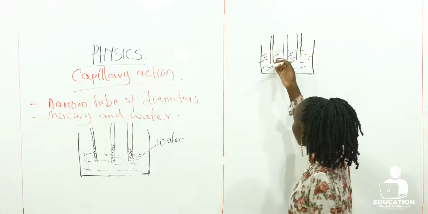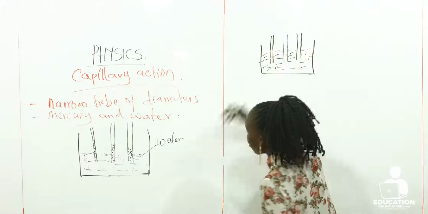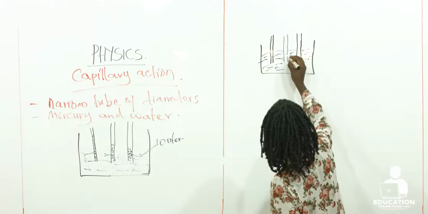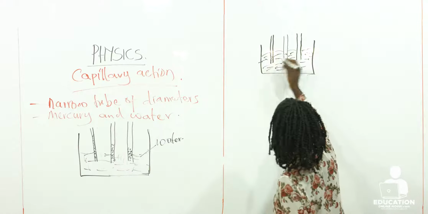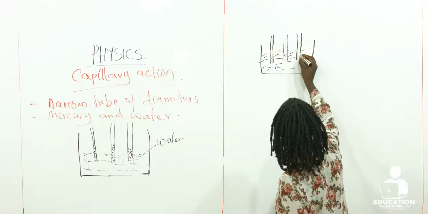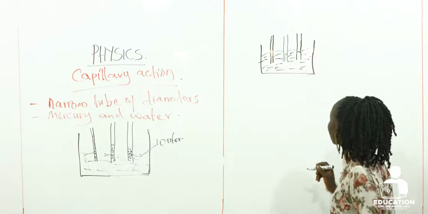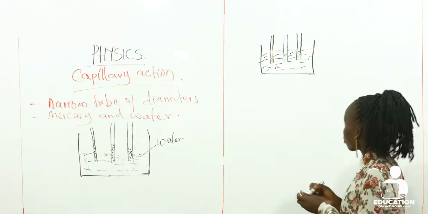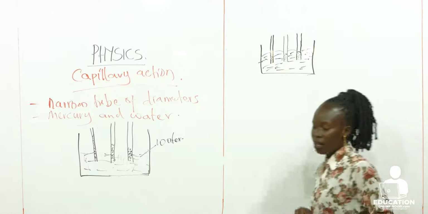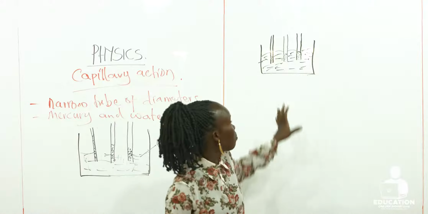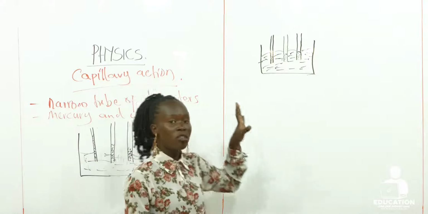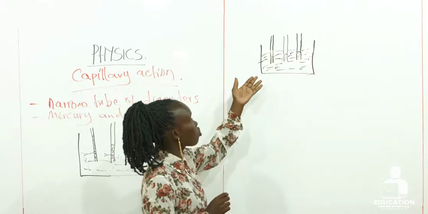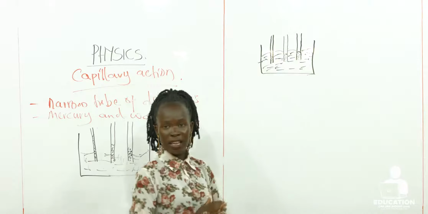The fall this time is going to be the opposite of water. The narrowest tube will have the least fall, and the one with the biggest diameter will have a greater fall. The intermolecular forces between particles in mercury are much stronger than the forces between the mercury particles and the molecules of the glass tube.